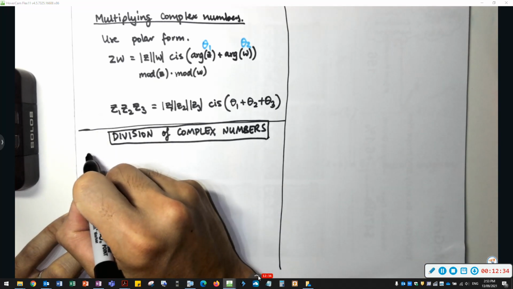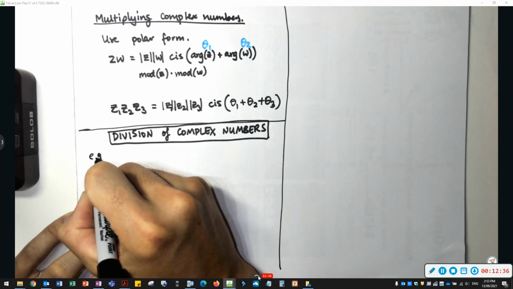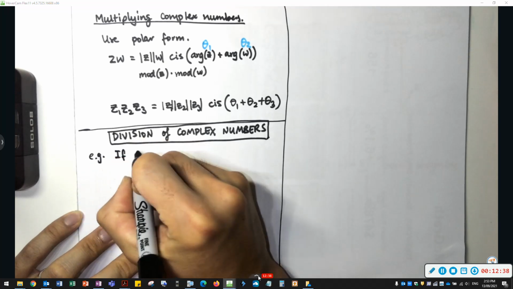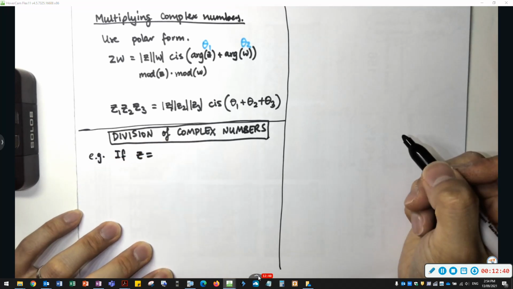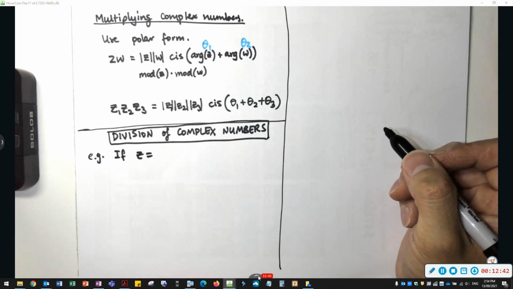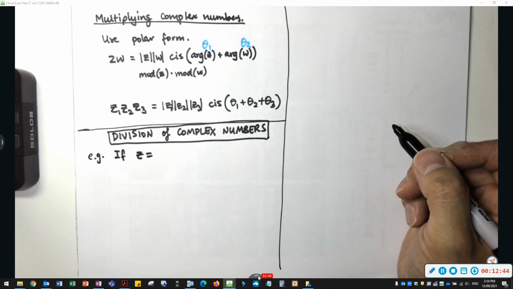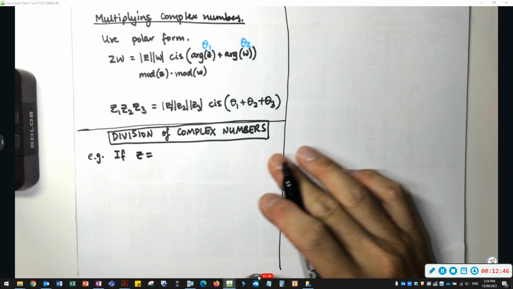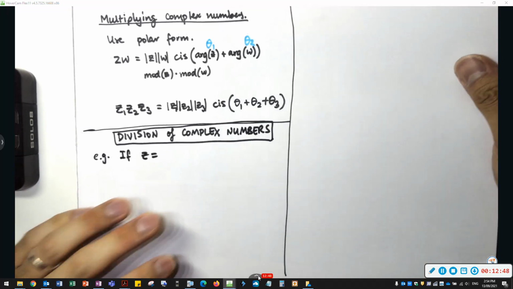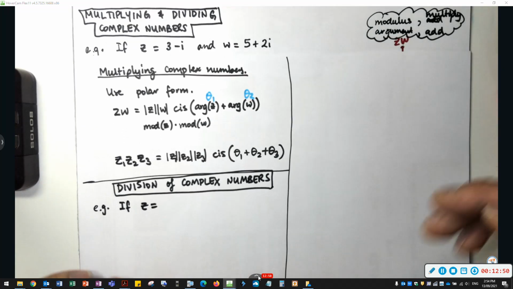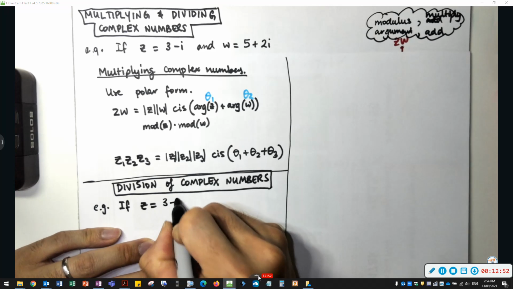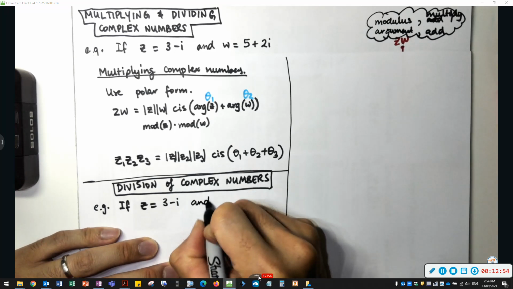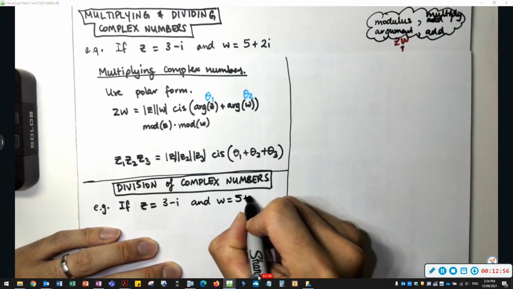So let's try this again as an example. We can actually use the same complex numbers we had previously. I'll just have a quick look. I think it was, there we go, z equals 3 minus i, and w equals 5 plus 2i.